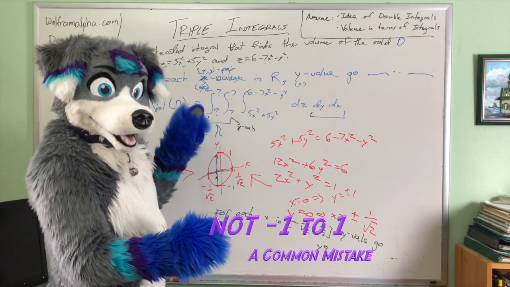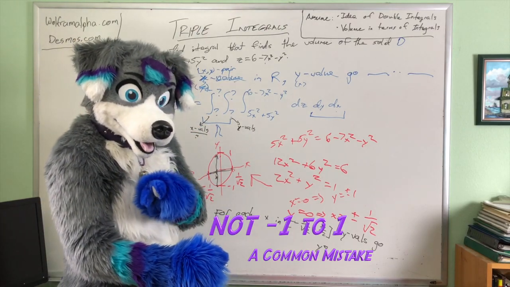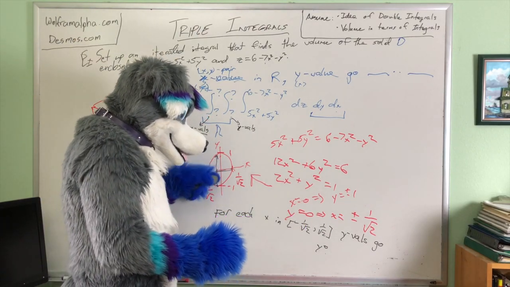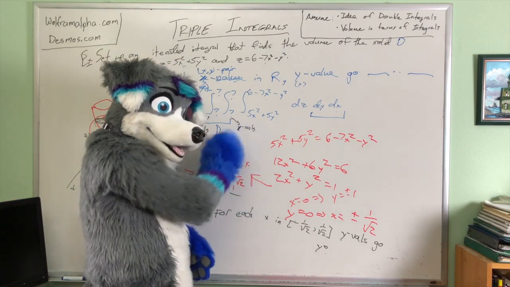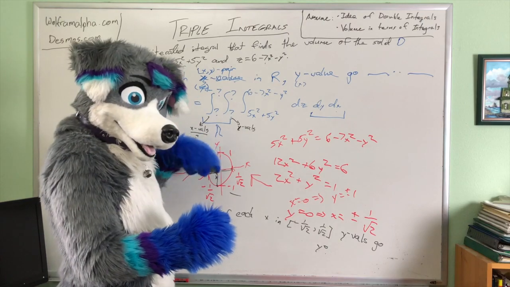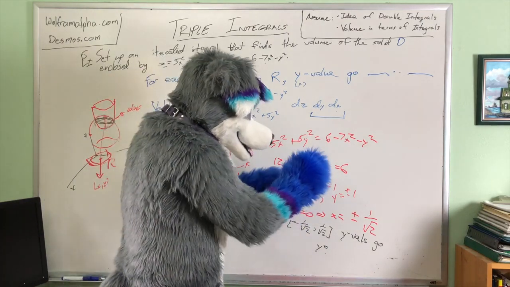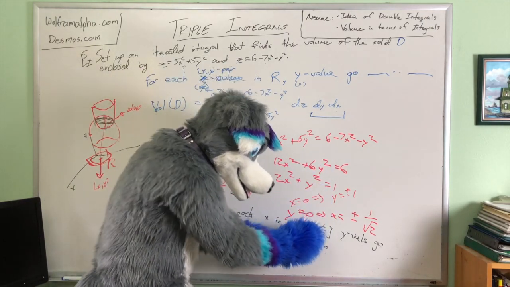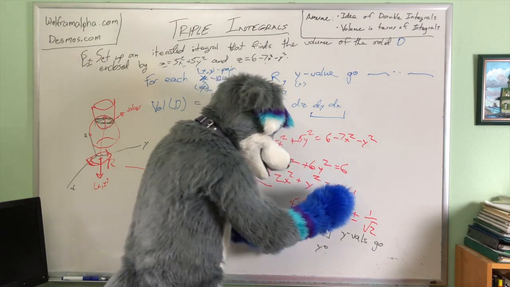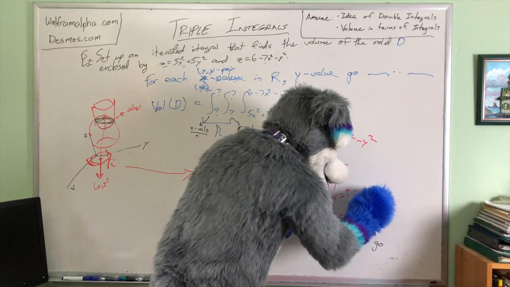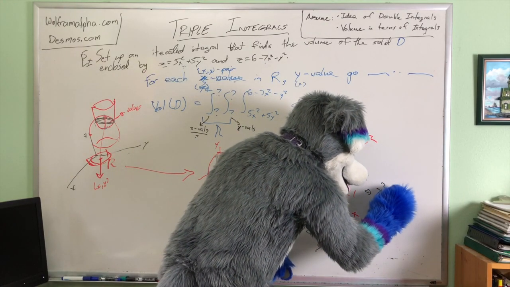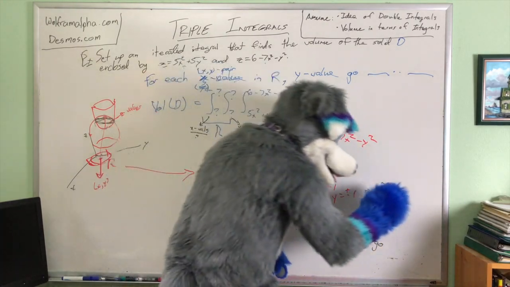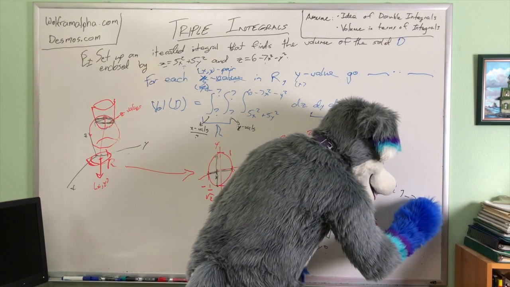It's not -1 to 1. That's a common mistake. If you were going -1 to 1, that's every single x value. You're talking about the rectangle, but we're not. We want to go from the bottom of the ellipse. We want to solve for y because we need y equals. So if I solve for y, I get y squared equals 1 minus 2x squared.